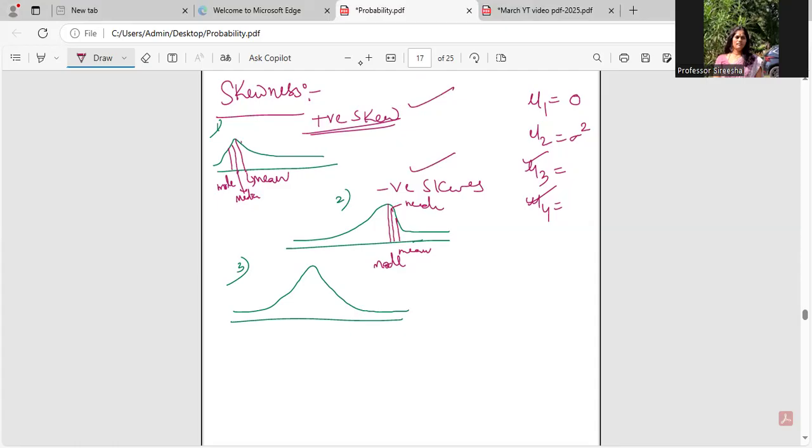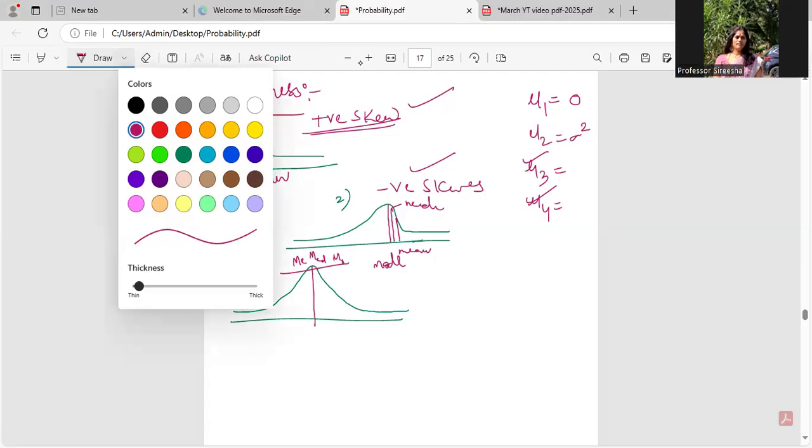Skewed data is always not ideal. An ideal data is that data where mean, median, and mode all coincide. That would be called ideal data or no skewed data. So, what exactly is skewness?